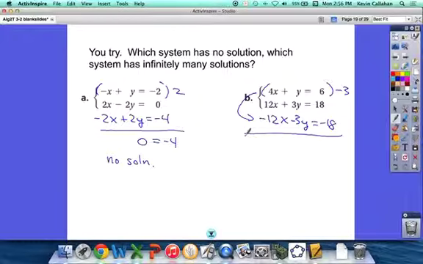And they're opposites. All three are opposites, so they get total cancellation, which means it's always true. It's the same line, infinitely many. Same line, infinite solutions.